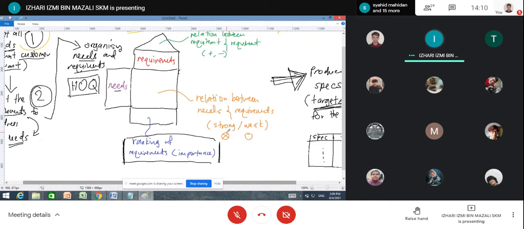If strong, how many marks you should give? Weak, how many marks? And then zero or whatever. Okay, and then from there you calculate and you sum up the marks for each of the requirements, and then you see which requirement receives the highest mark, which receives the least mark. So then you will have your ranking for the requirements.